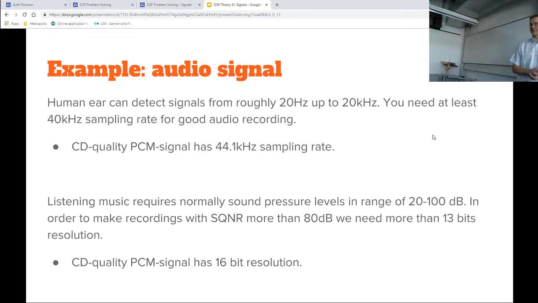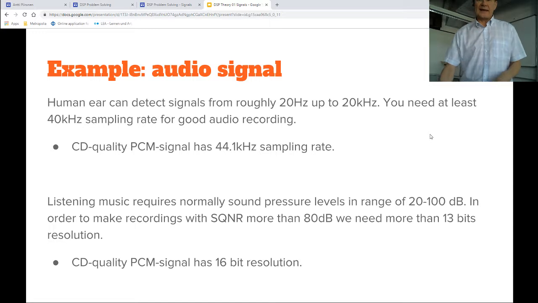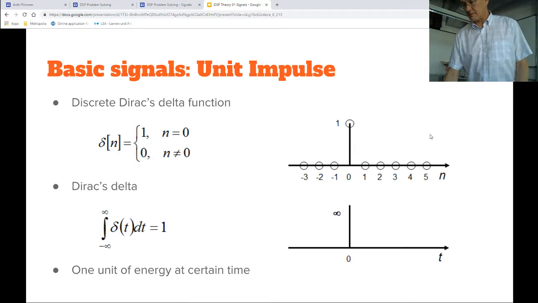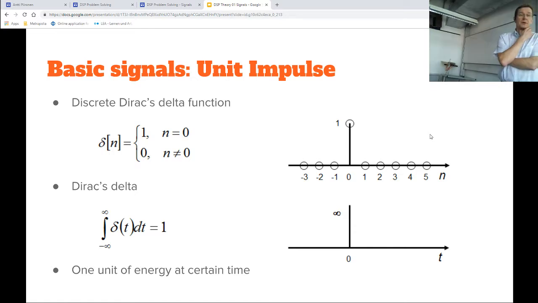But with modern music, it sounds exactly the same. 16 bits is enough. All right, and that actually comes from how human hearing works.